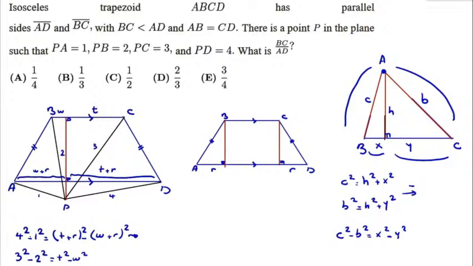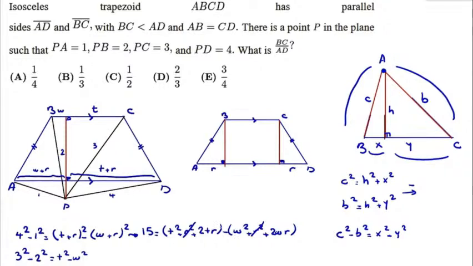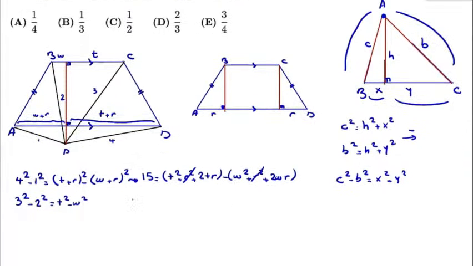Now, in the first part, 4 squared, 16, minus 1, 15, will be t squared plus r squared plus 2tr minus w squared minus r squared minus 2wr. R squared will be cancelled, and we can conclude 15 equals t squared plus 2tr minus w squared minus 2wr.